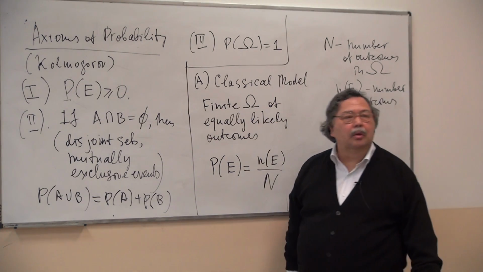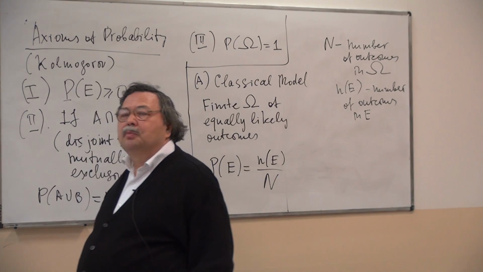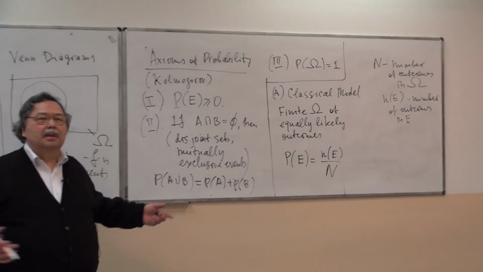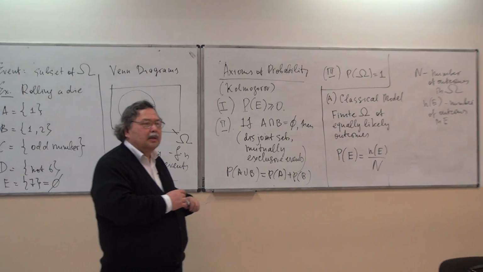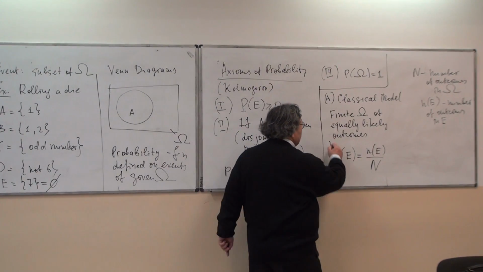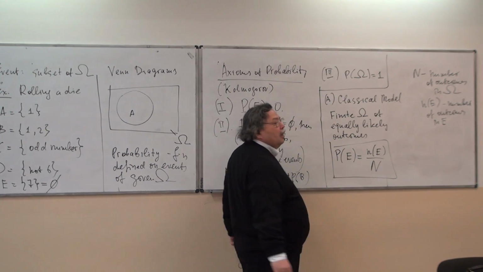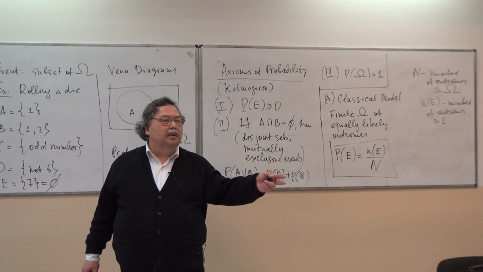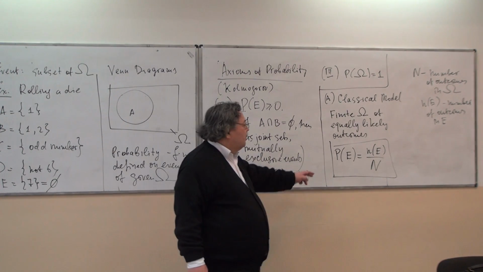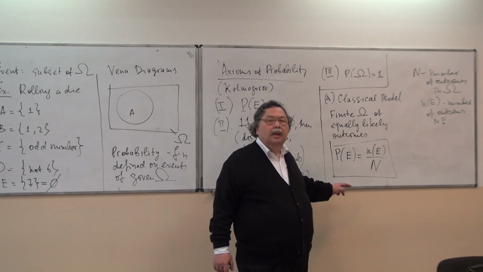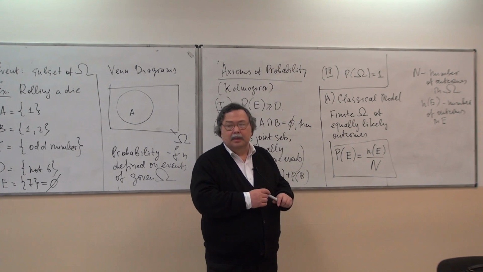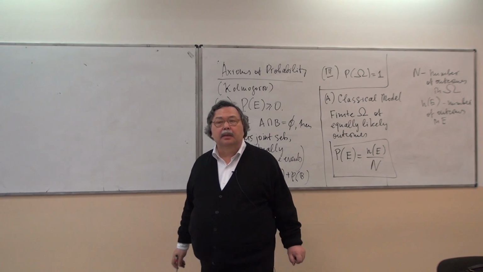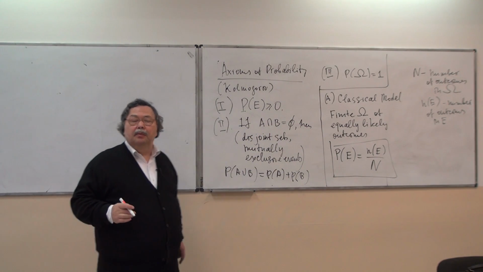Well, as I mentioned earlier, I can't go into proving all the statements that I give you here, but as an exception, let's discuss the proof of this one. Actually, we can prove that it should be this way. We can prove that this formula should work if these axioms are valid. Let's do it. Omega is assumed to be finite. It's assumed to contain a finite number of outcomes.